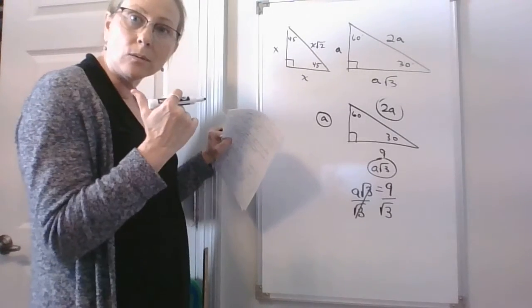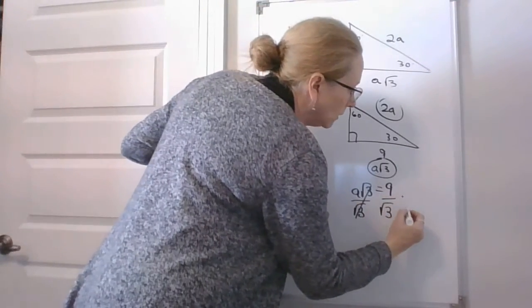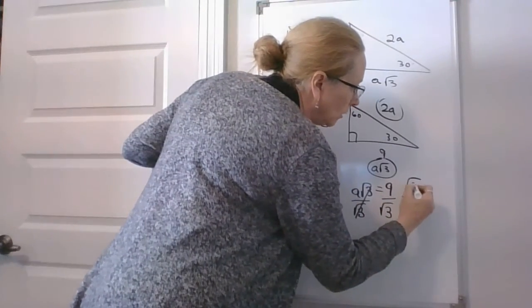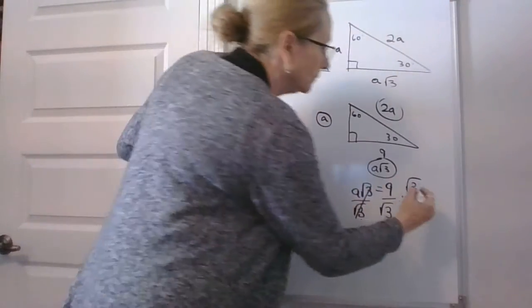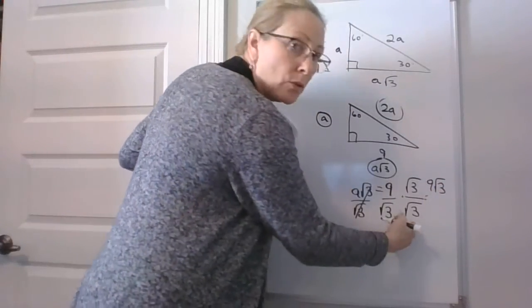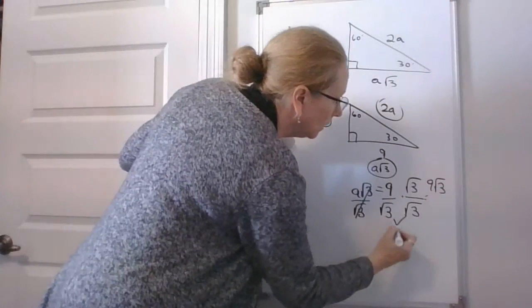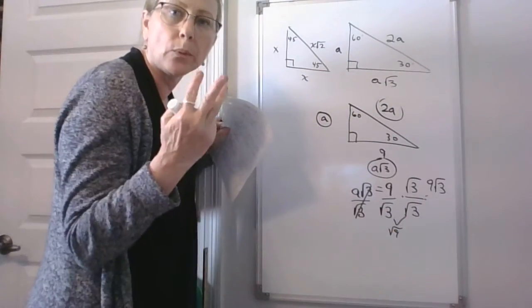We need to take it out. How we take it out is by multiplying by that radical. The numerator and the denominator gets multiplied. So we get 9 root 3. And remember, the square root of 3 times the square root of 3 is the square root of 9. And what is the square root of 9? 3.